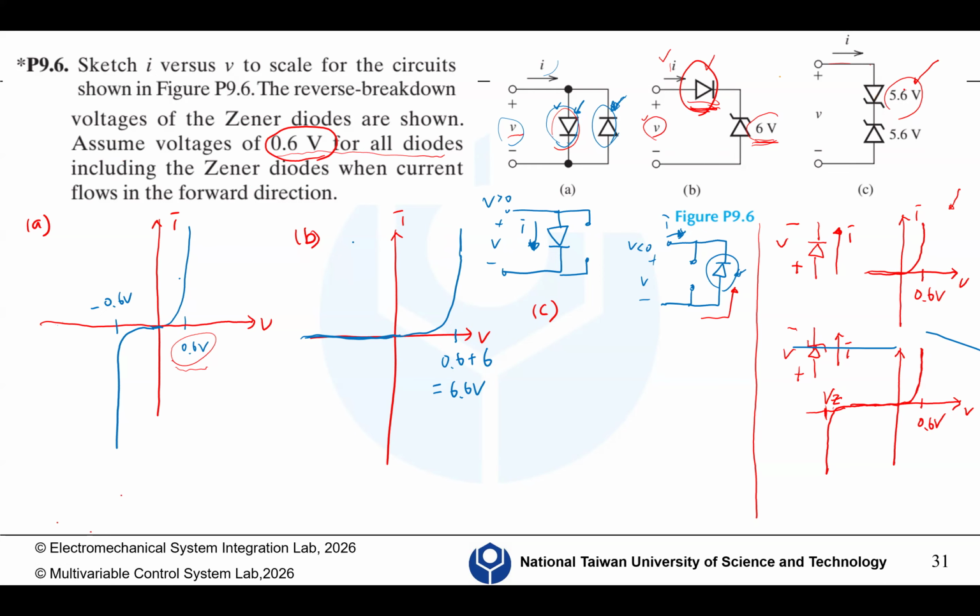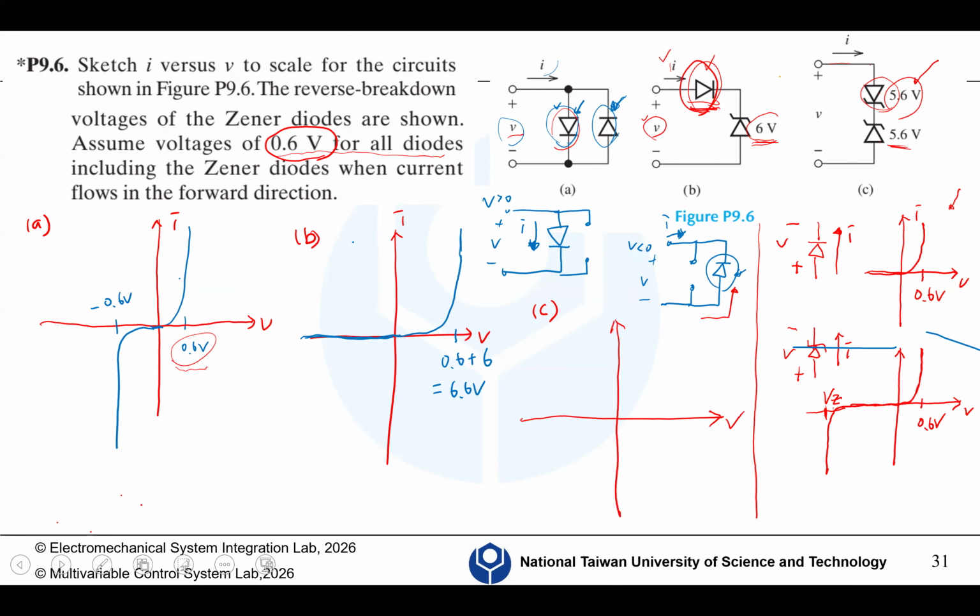If V is larger than 0, you need to overcome the threshold voltage of the first diode, which is 0.6 volt. But it also needs to overcome the Zener voltage of this diode. At this moment the Zener diode functions like a normal diode because it's under forward bias. So for C, we are able to draw the VI curve.